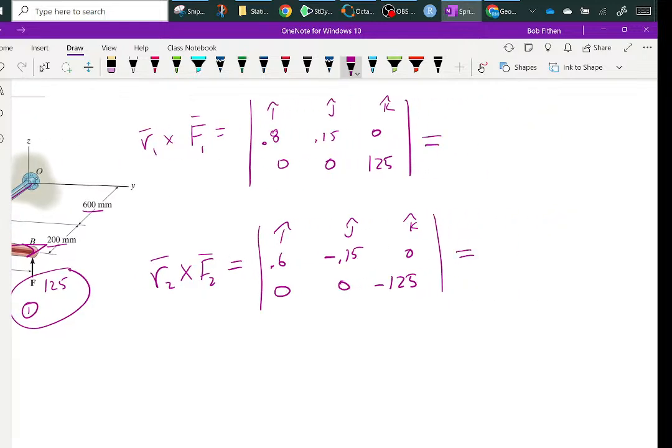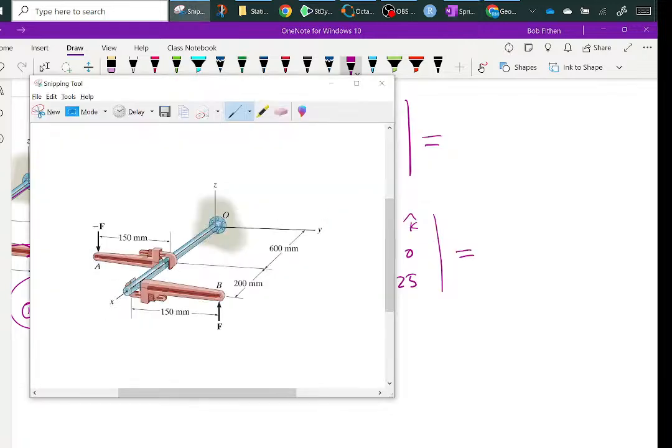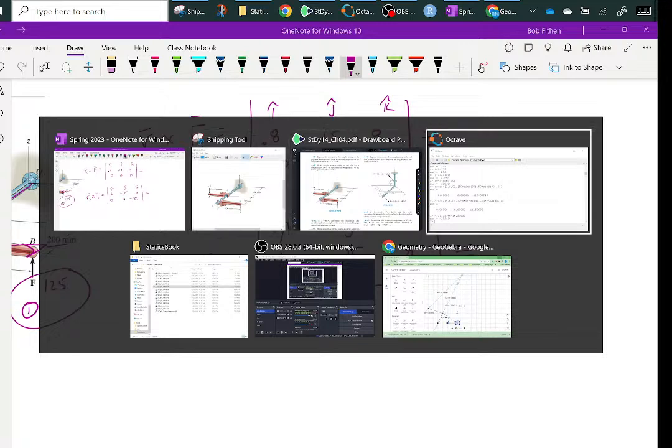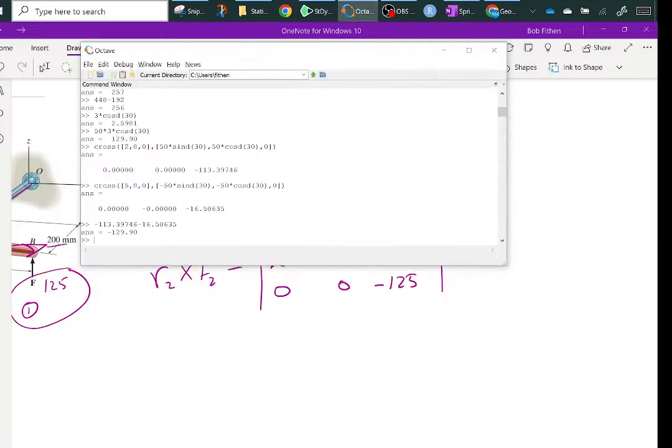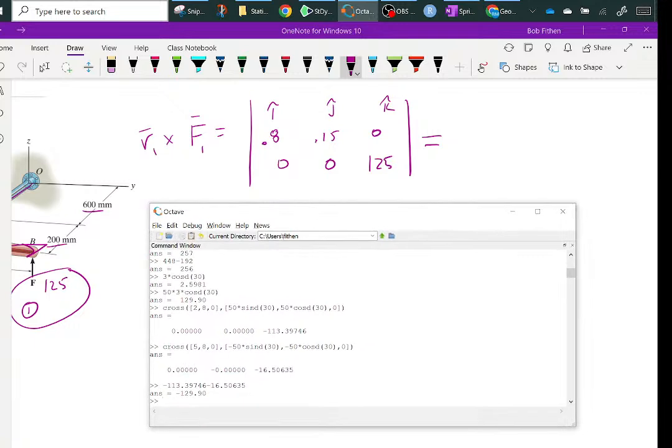So let's do those particular cross products. Wrong window. It shouldn't be too bad. If I go back to the point where I see a cross, that's interesting. Go ahead and get rid of all that. 0, 0, 125, and then 0.8, 0.15.